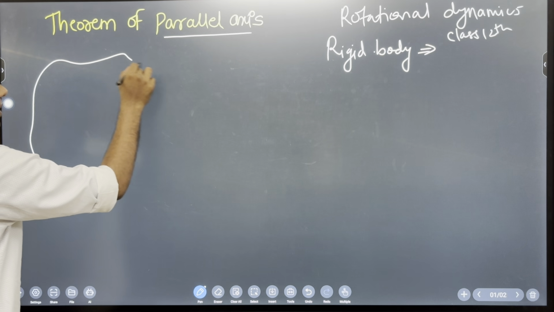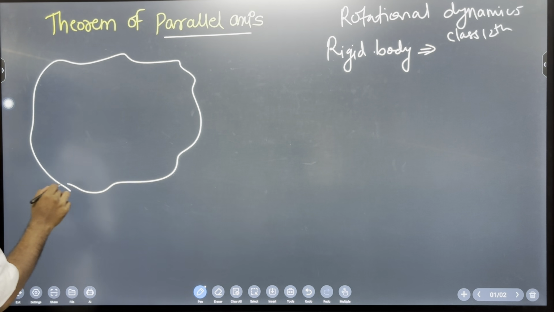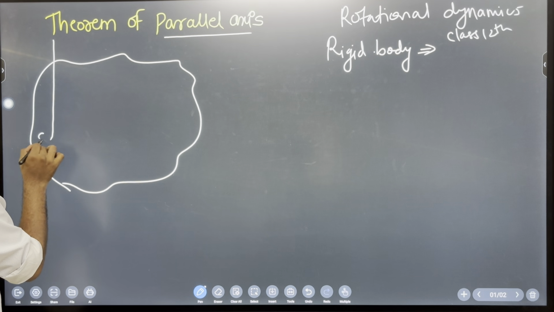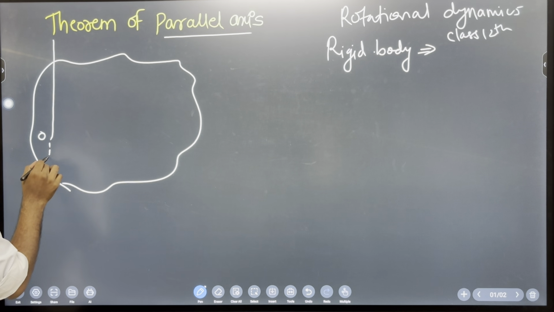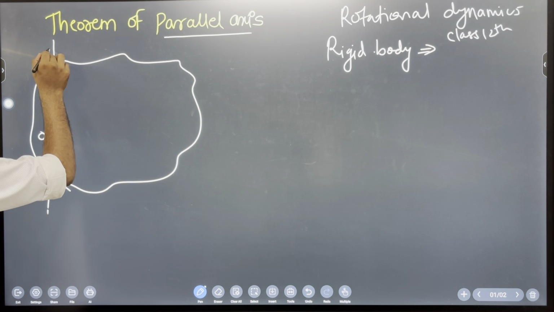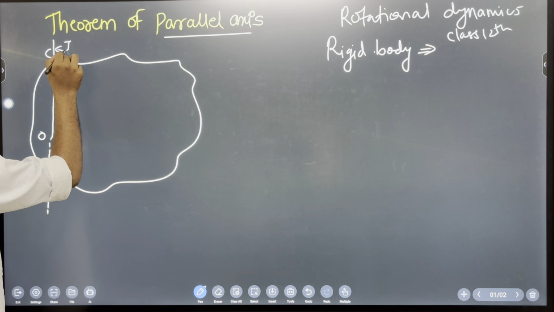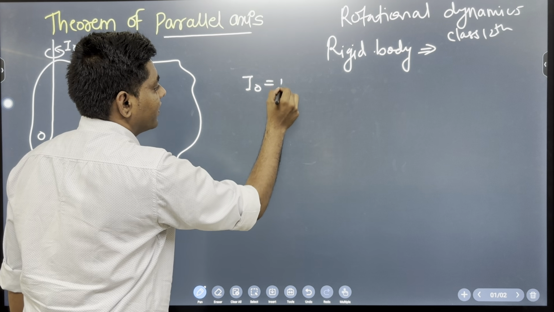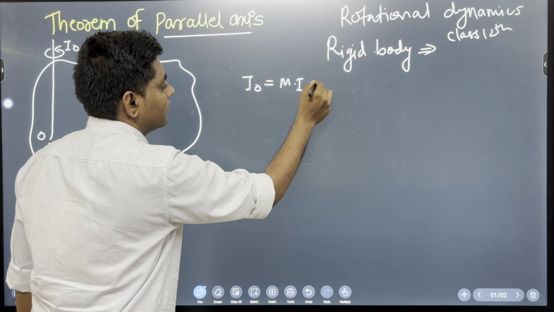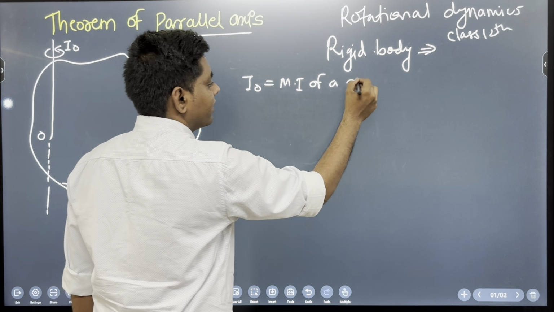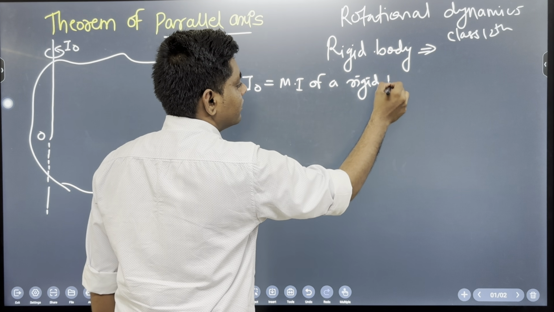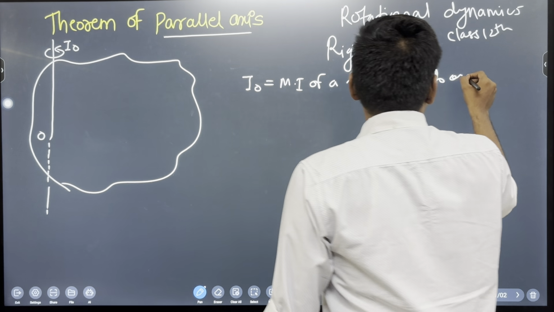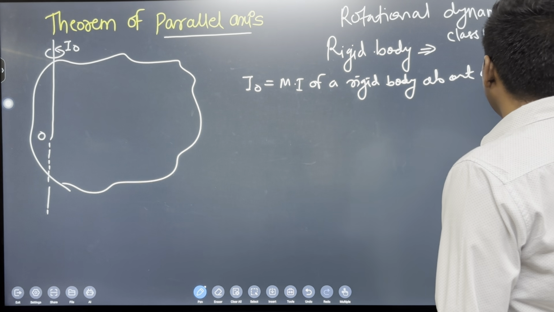We consider an arbitrary shape of the rigid body, and then we draw one axis passing through the point O, and the moment of inertia about that axis we consider as IO. So what is IO? It means the moment of inertia of a rigid body about any axis.